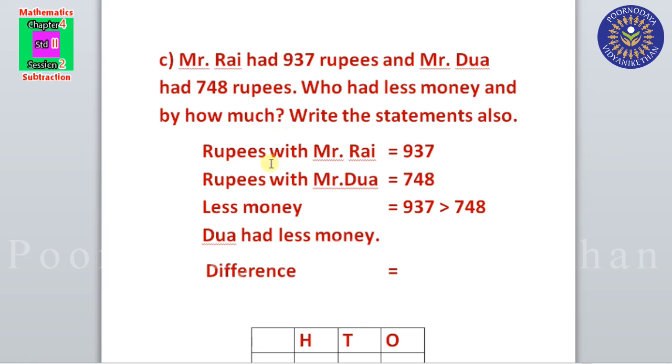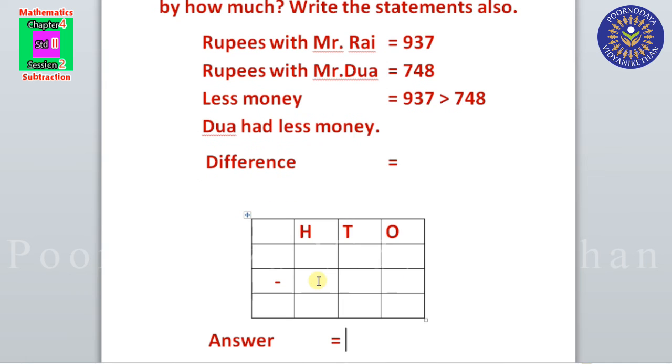Now, what's the question? By how much? That difference we need to find out. For finding the difference, you have to arrange the two numbers in their correct position. First, the bigger number you have to write, 937, like this. Below that you have to write the smaller number, 748. Then we can start subtraction.